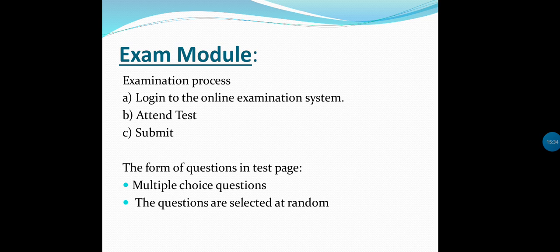The questions are also selected at random. Each question has 4 options, and the candidate or student should select the correct answer from the given 4 options for a particular question.